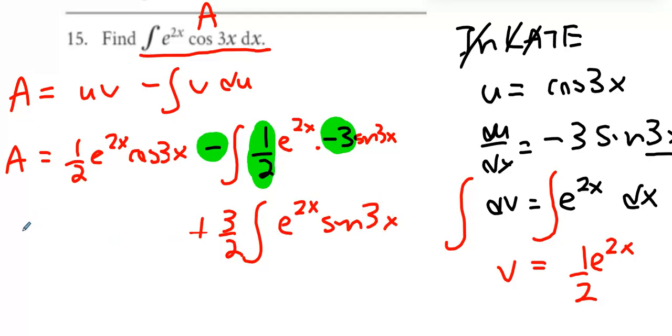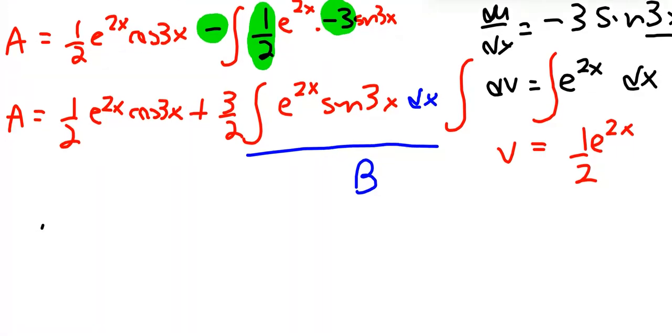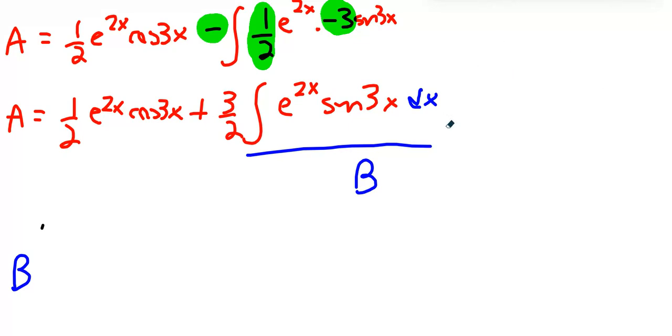Now, unfortunately for us, it hasn't made things any better. What we're noticing is this is just as complicated as our original. So I'm going to call this whole thing B. Is everybody happy on calling that B? So B is going to require its own system for working. There's going to be a u value and a v value for B. So the u value is going to be sine 3x.